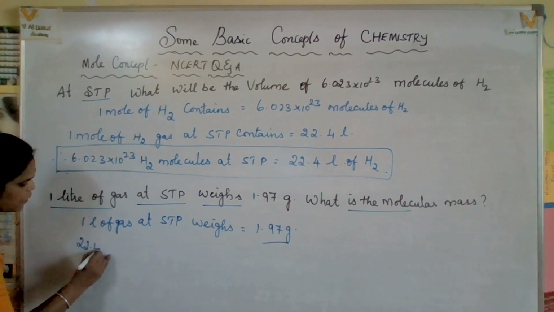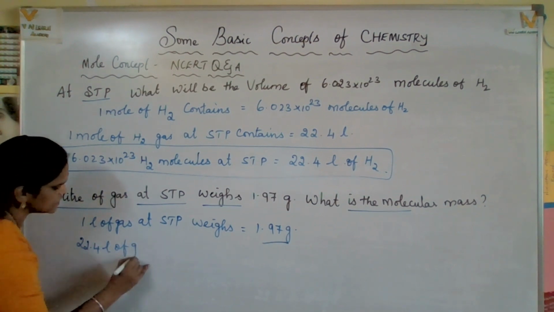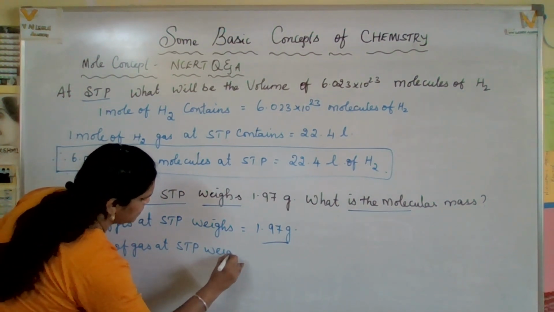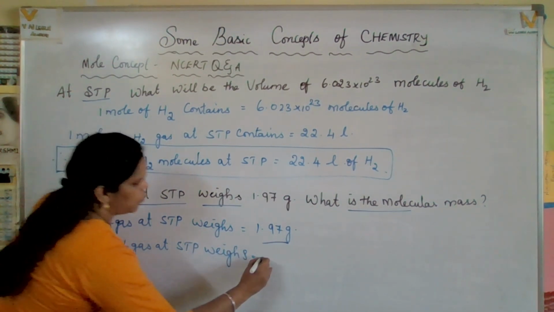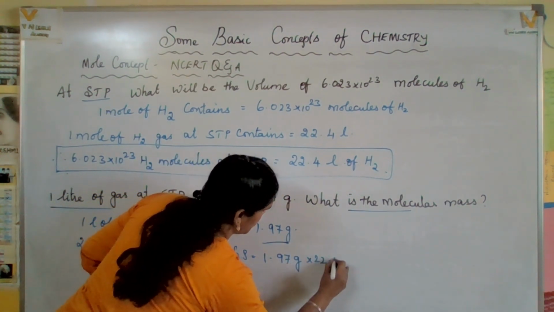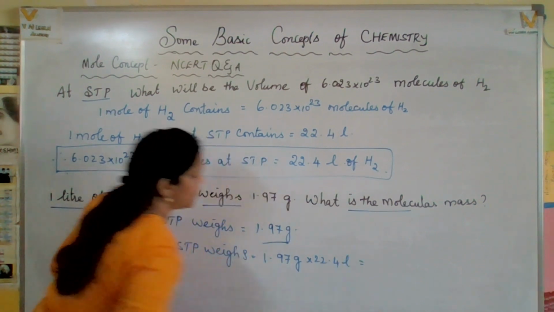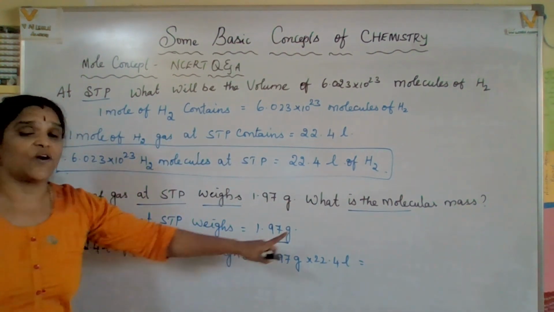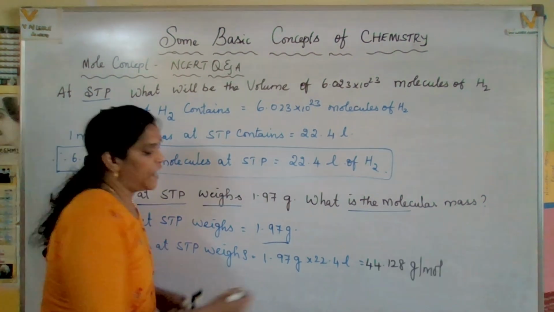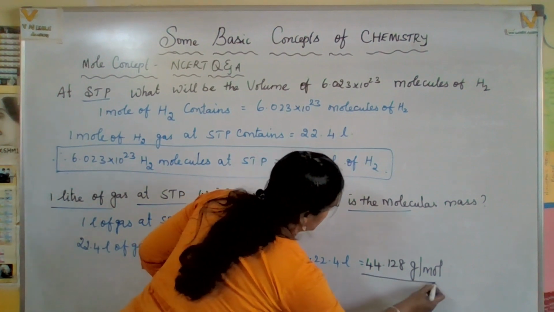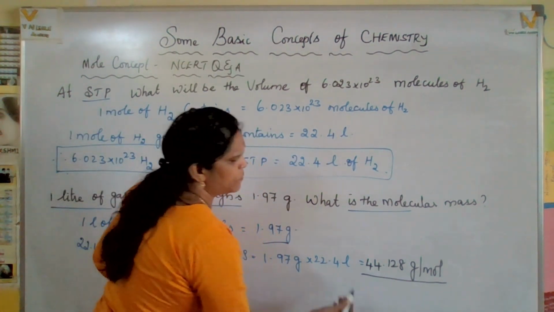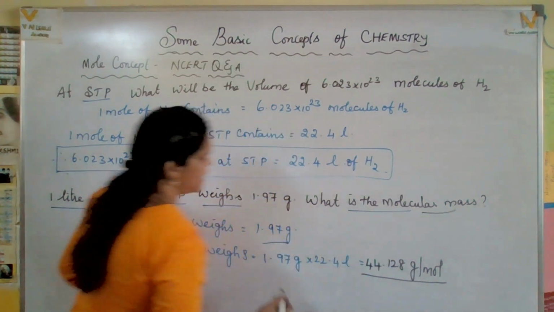Therefore, 22.4 liter of gas at STP weighs 1.97 gram into 22.4 liter. So how much? Just pause the video and get the answer. I hope you got this answer: 44.128 gram per mole. Why did I mention gram per mole? You know, it's molecular mass they asked.